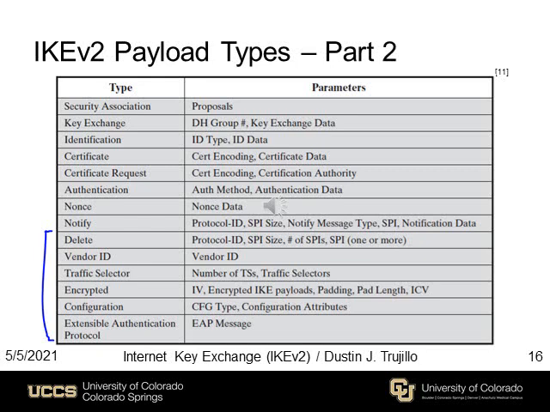Moving on to the configuration payload type, this payload type is used to exchange configuration information between IKEv2 peers. And finally, regarding the Extensible Authentication Protocol, which is also known as EAP, this payload type actually allows IKE security associations to be authenticated using EAP. And this was actually something that was discussed in Chapter 16 of our class textbook.